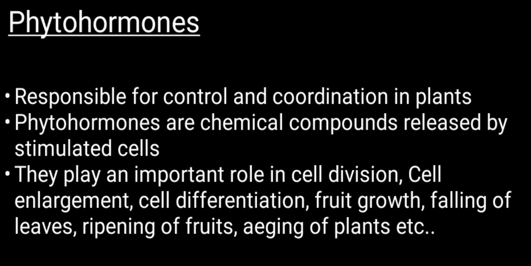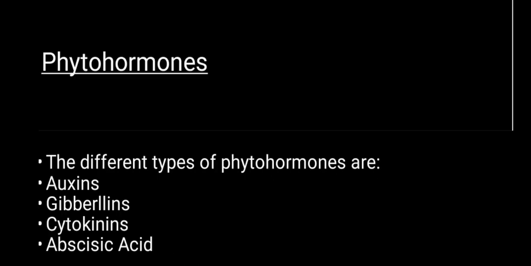And just like in animals, these phytohormones play a very important role in cell division, cell enlargement, cell differentiation, fruit growth, falling of leaves, ripening of fruits, aging of plants, and many other physiological functions in plants. The different types of phytohormones in plants are auxins, gibberellins, cytokinins, and abscisic acid. Let us learn the function of each.